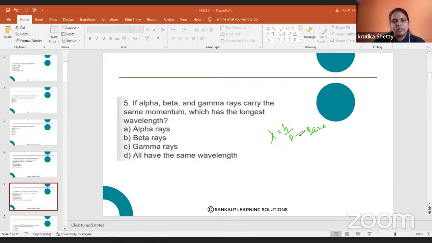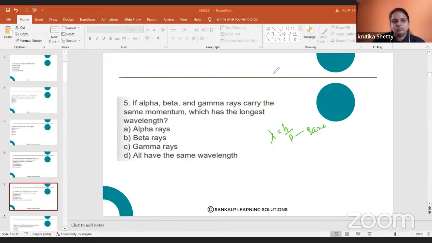Alpha rays, beta rays, gamma rays, all of the above. Okay students, very good, that is option D, all of the above.